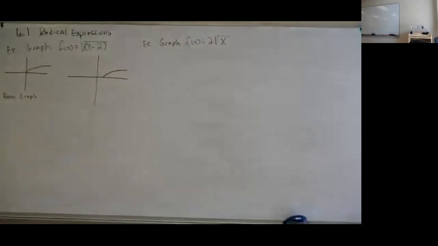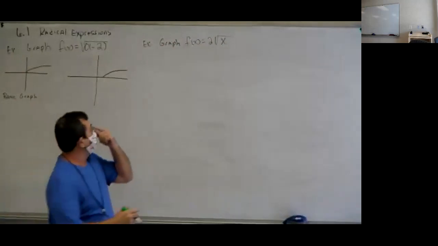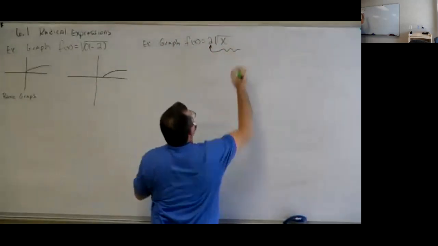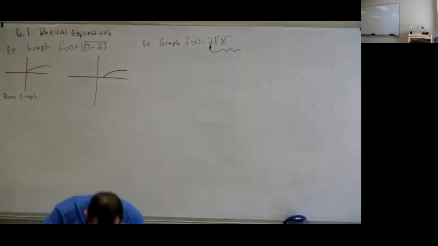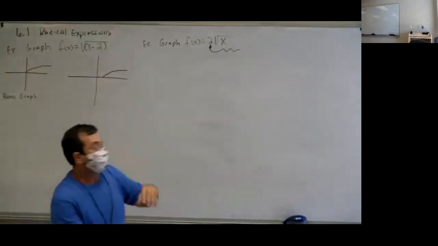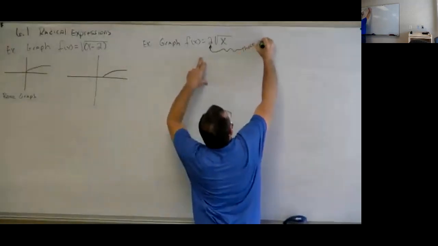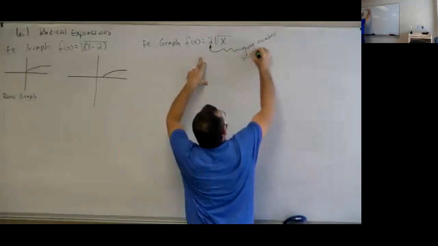Now, they didn't give us this move in 7.2 when we were doing the moves. But when you put a number in front of these radicals, it's like stretching that graph. So these numbers stretch the graph.